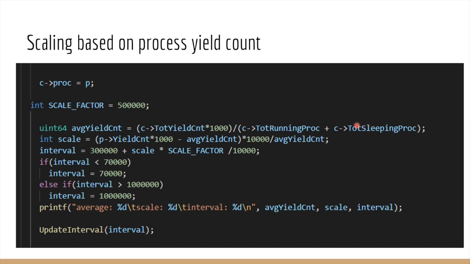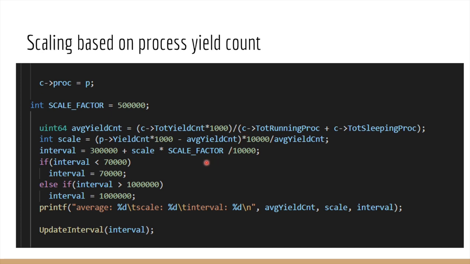The tick interval is determined by the scale and the scale factor. The scale factor is a constant value, and the scale is produced by subtracting the yield count of a process from the average yield count of all the processes, and we then normalize it by the average yield count.